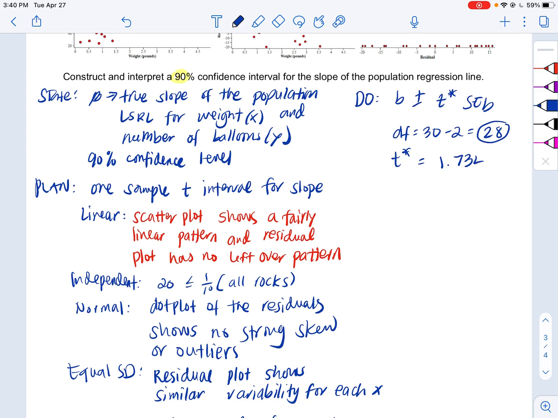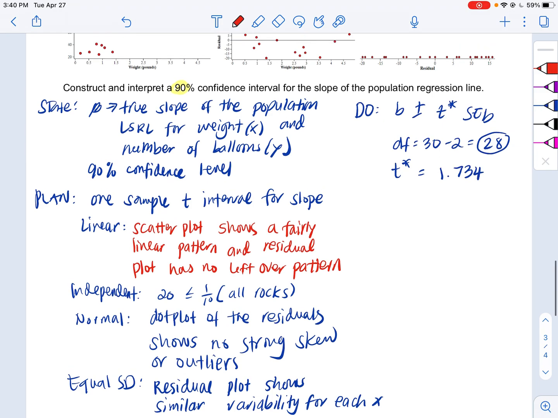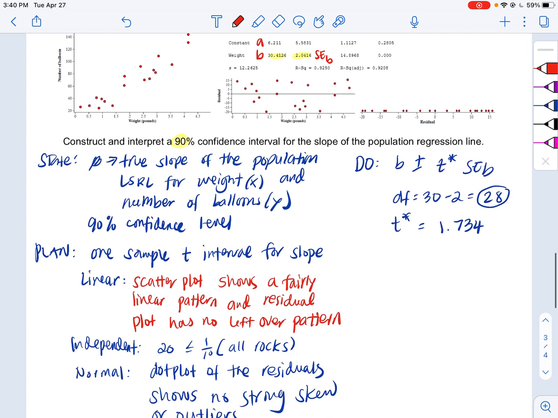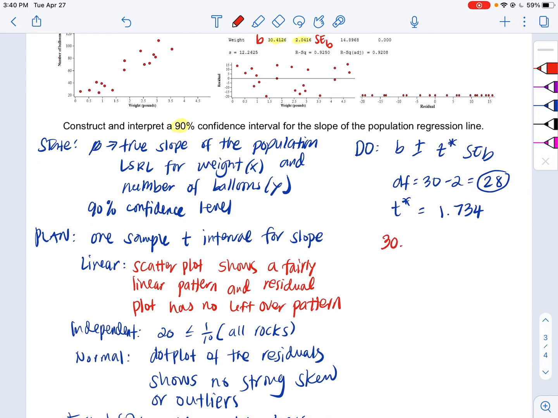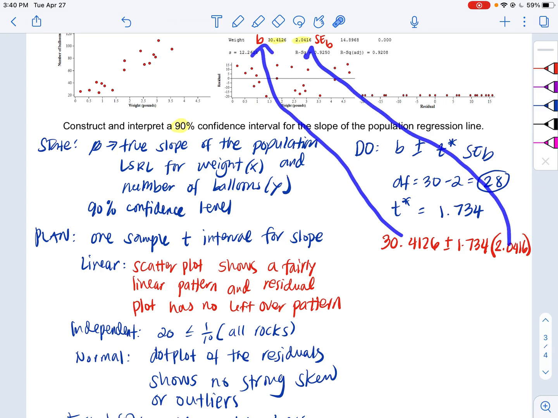Hopefully, you will get 1.734. So let's do our formula. Our B value is 30.4126 plus and minus 1.734 times my SB, which is 2.0416. I got everything from the given output.